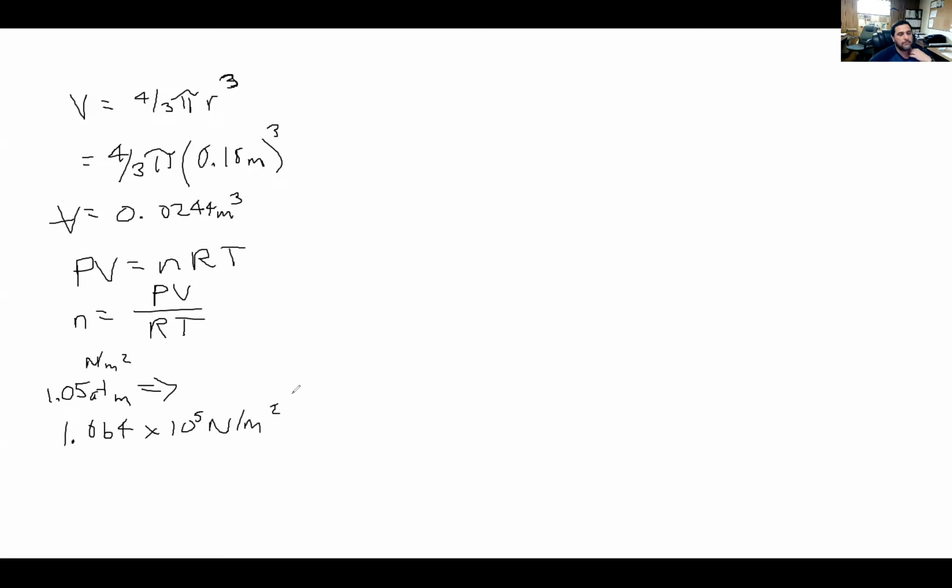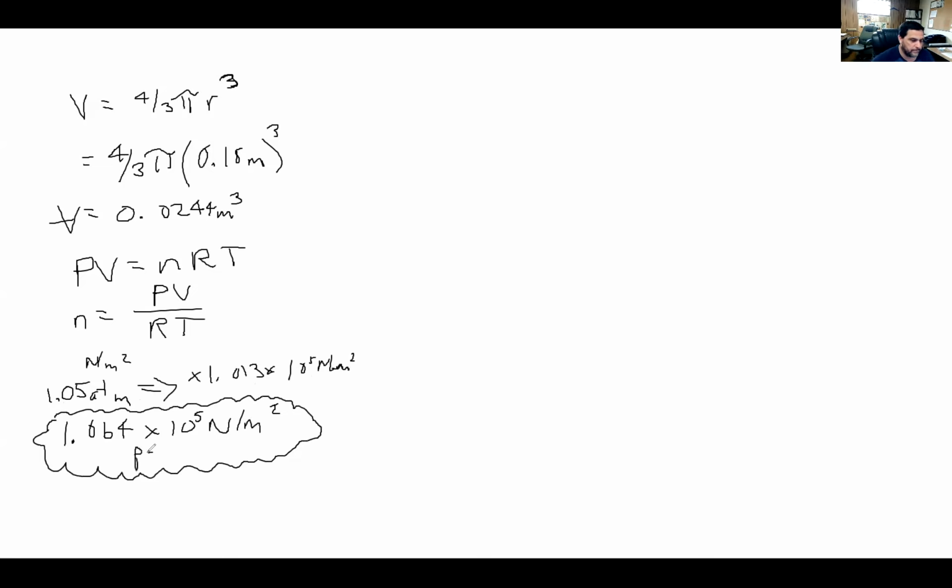I'm just taking my 1.05 in atmospheres and multiplying it by the 1.013 times 10 to the 5th Newton per meter squared to get my pressure. So this is the pressure.